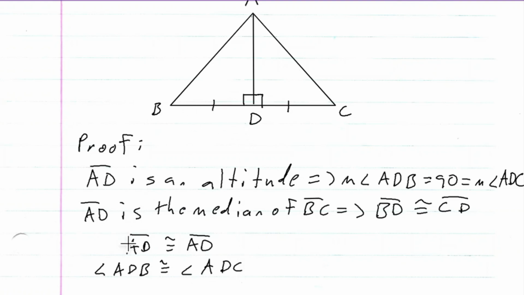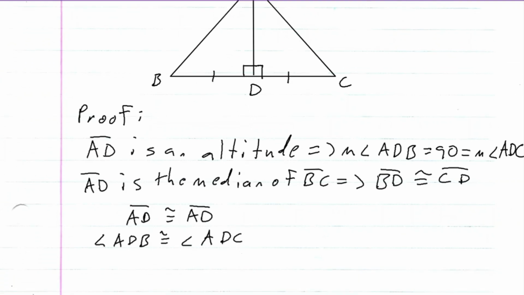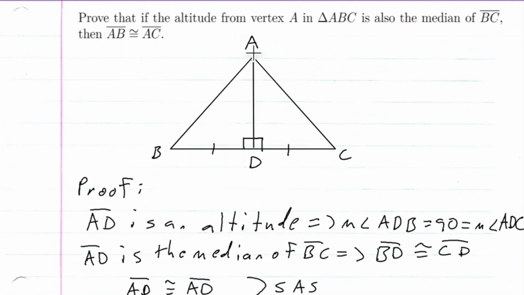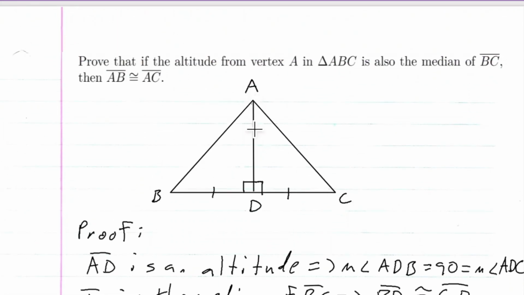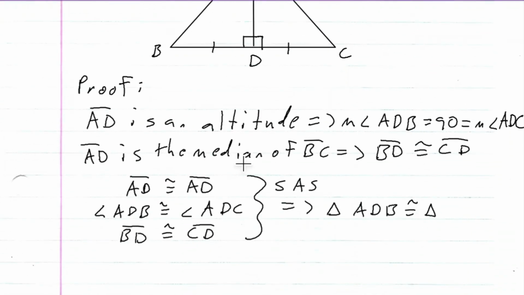And we know that BD is congruent to CD. So these three things imply by the side angle side congruency postulate that triangle ADB is congruent to triangle ADC.